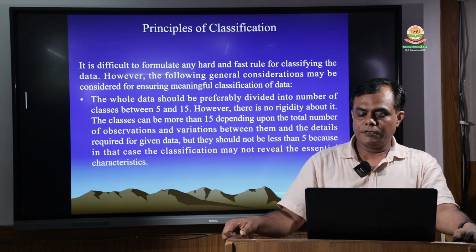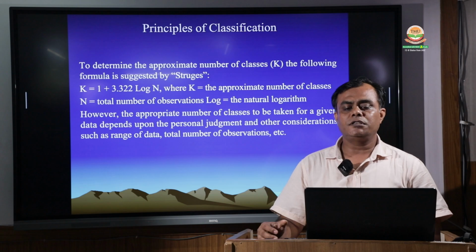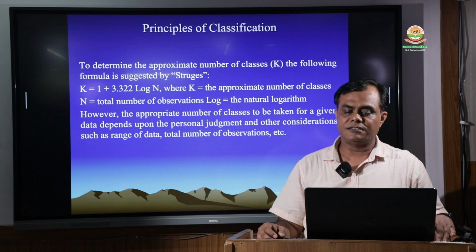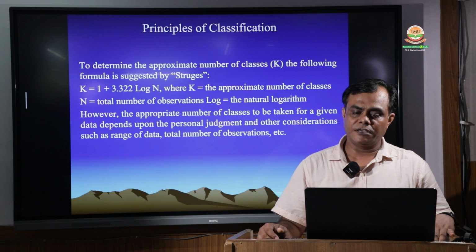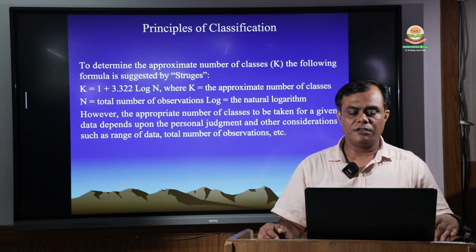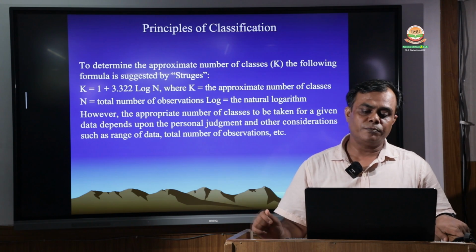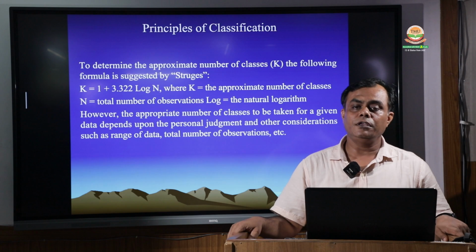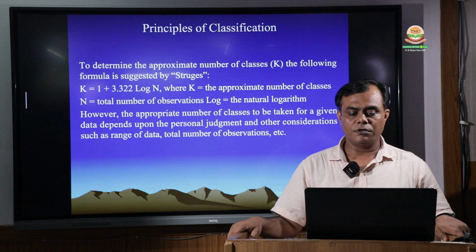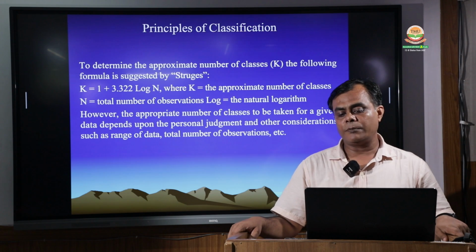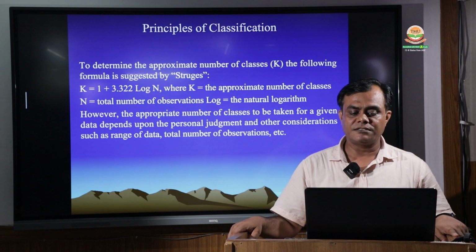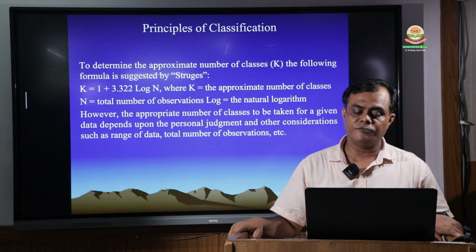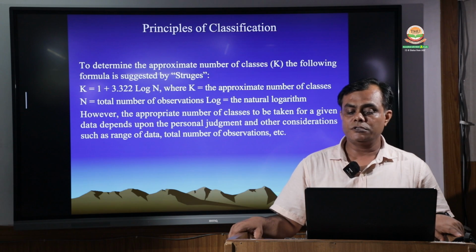To determine the appropriate number of classes, denoted by K, the following formula is suggested by Sturges. K is 1 plus 3.322 log n, where K is the approximate number of classes, n is the total number of observations, and log is the logarithm to base 10.